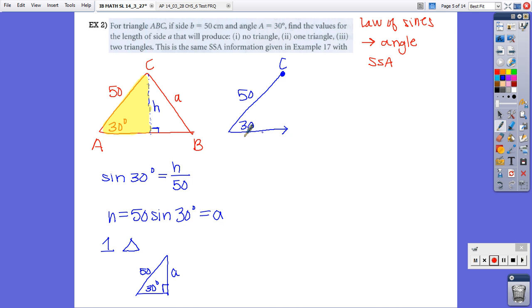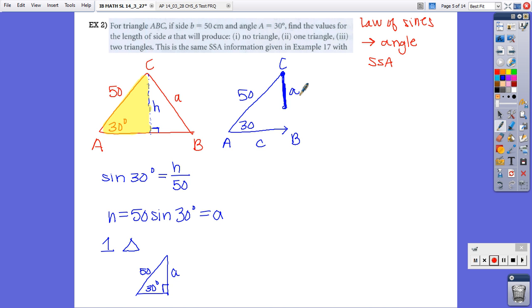The third side here, side C, is also not given. So the only way no triangle could possibly exist is if your A is just too short and it doesn't ever even connect to side C. So if this little A is too short, then you actually have no triangle. So visually speaking, that's what happens.